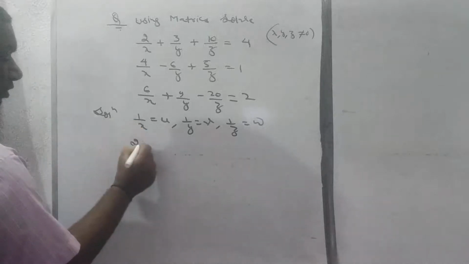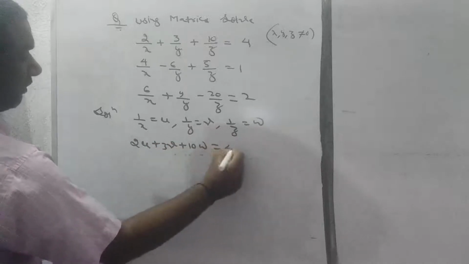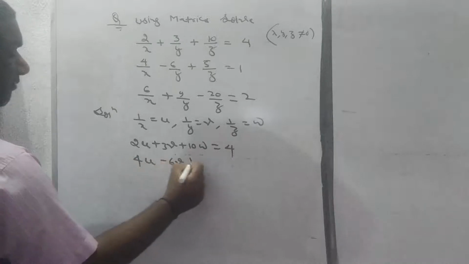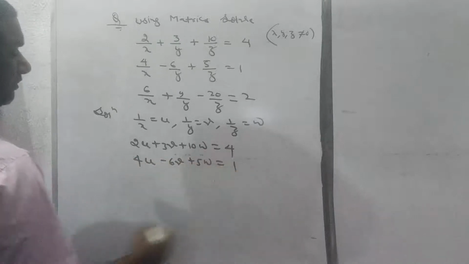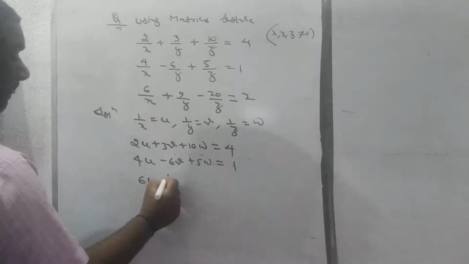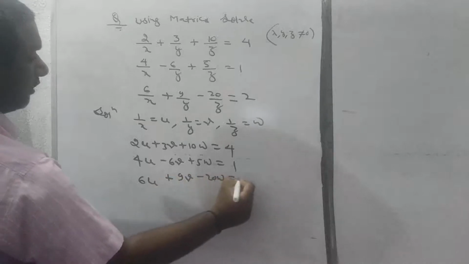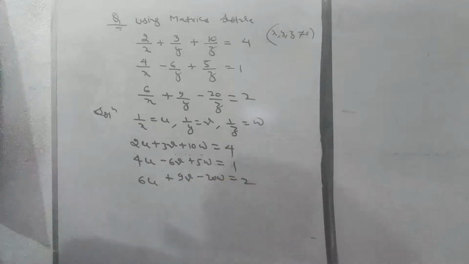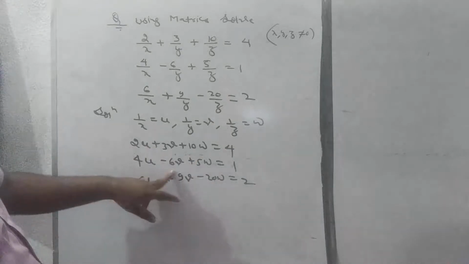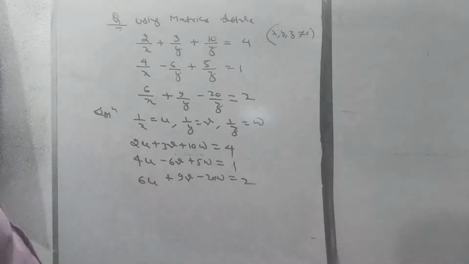So the above equations are converted into 2u + 3v + 10w = 4, 4u - 6v + 5w = 1, 6u + 9v - 20w = 2.